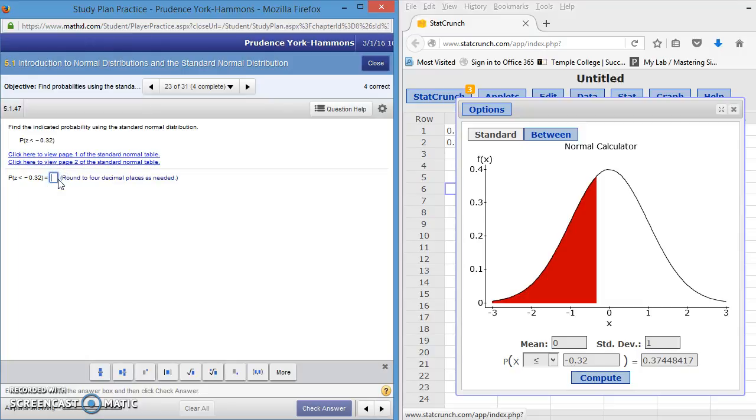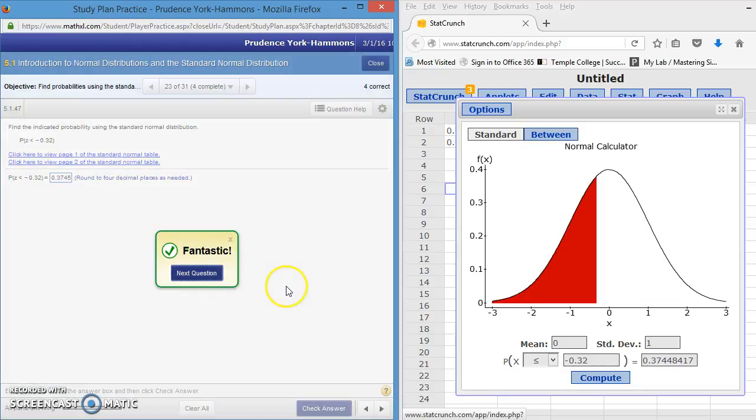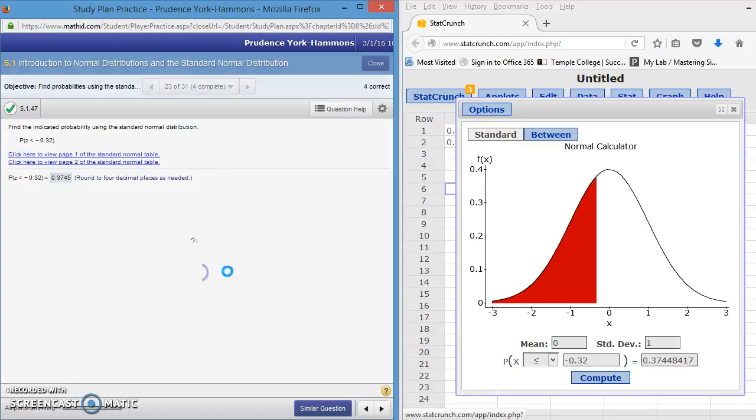So that would be 0.3745. Let's check that and see how we did. Excellent.